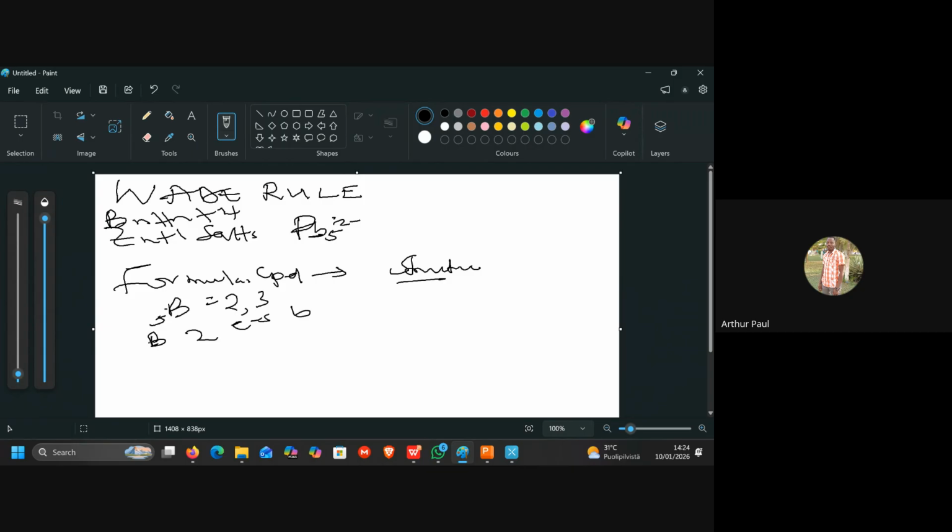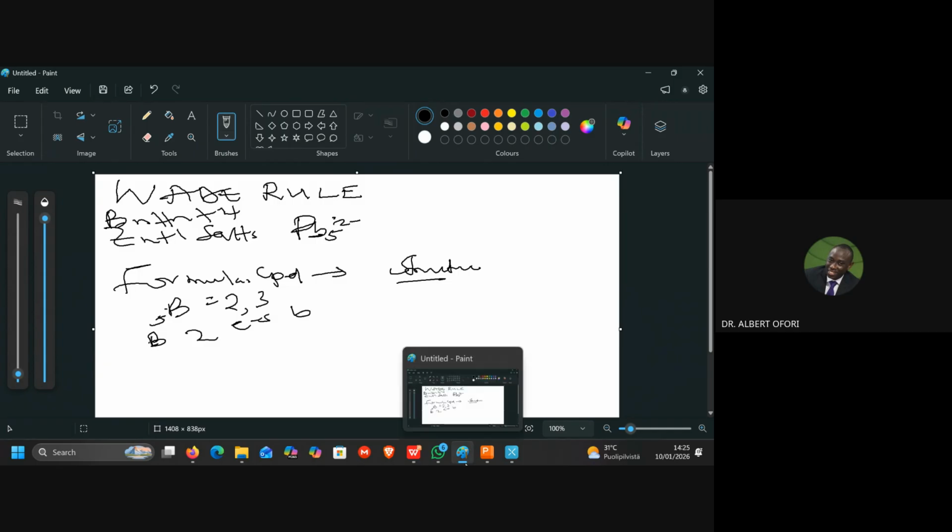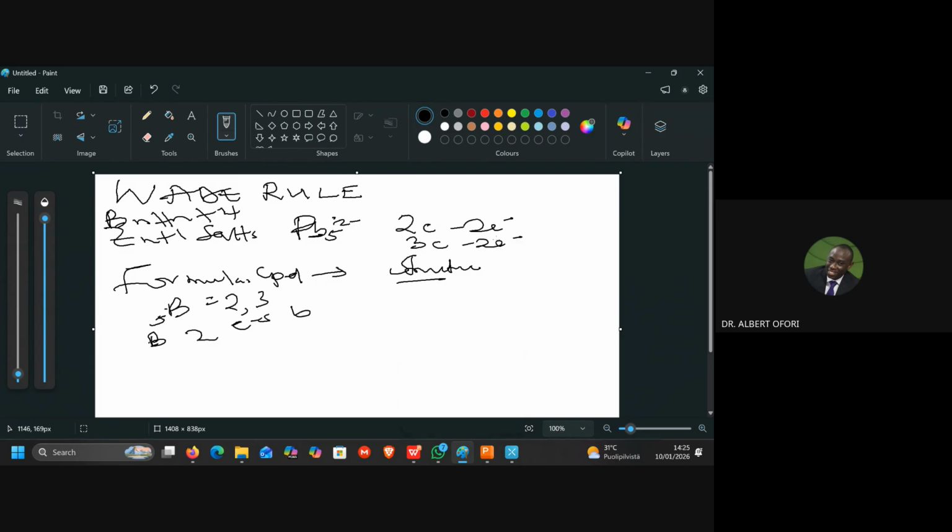Okay. Yes. So we understand that we can have the 2 center 2 electron bonds and then the 3 center 2 electron bonds. That's what I said. So we can have two center 2 electron bonds, then we can have 3 center, but it's just 2 electrons that are being formed. That's the difference in the bonding systems.